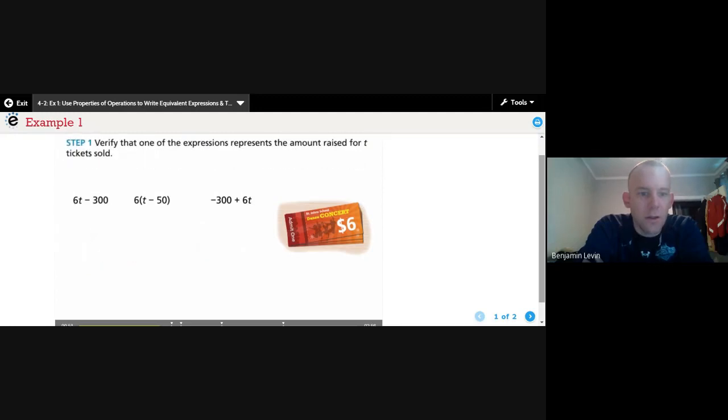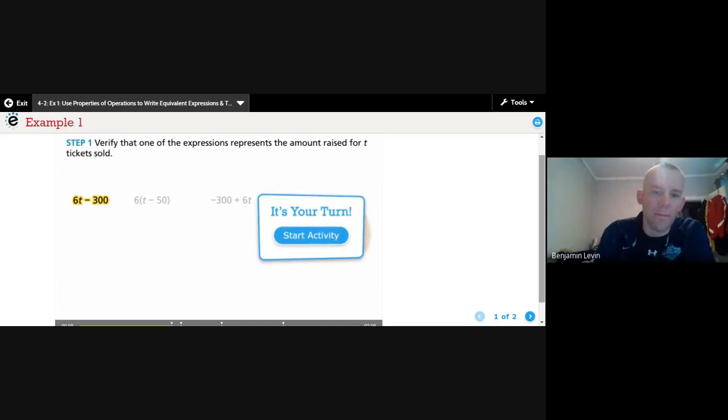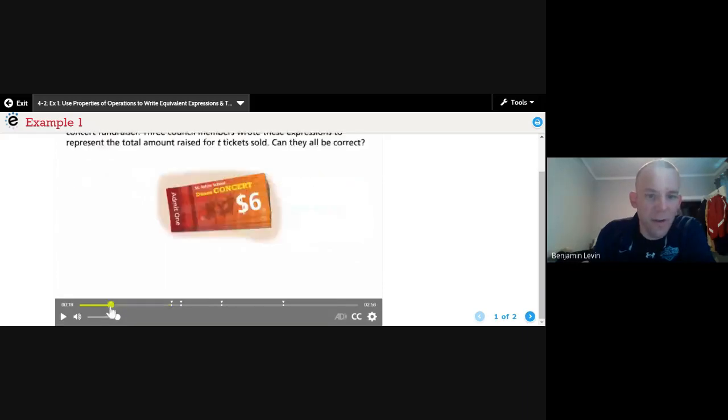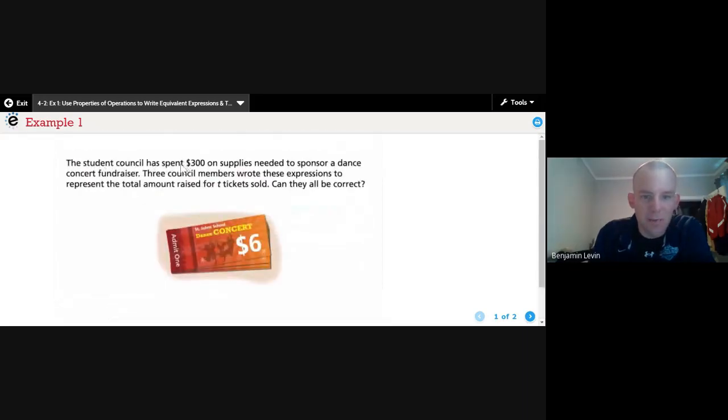Let's begin by verifying that the first expression represents the amount raised for T tickets sold. Let's go back and look at the question it's asking us, just so we're clear on what information we need to know. The Student Council has spent $300 on supplies. And then they're going to sell tickets for $6 a ticket.